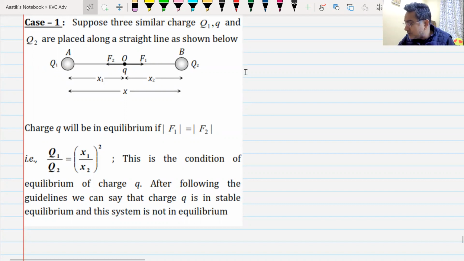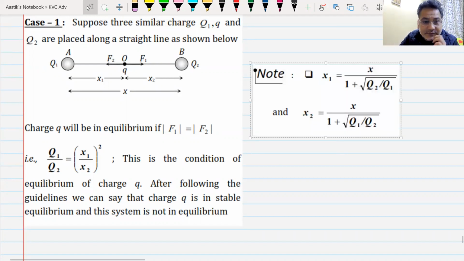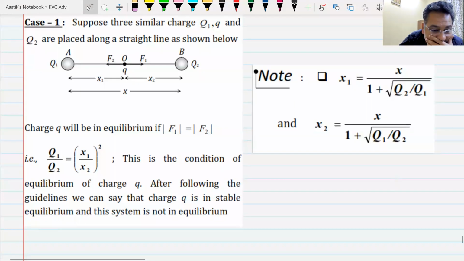The values of x1 and x2 can be calculated in any way, and you can get this answer. Remember this answer. These are the equilibrium of three similar charges. I'll give you 2 minutes to note this down.